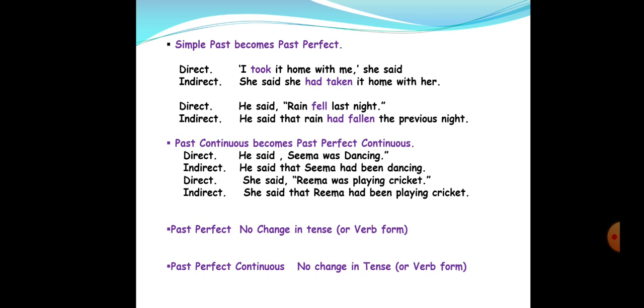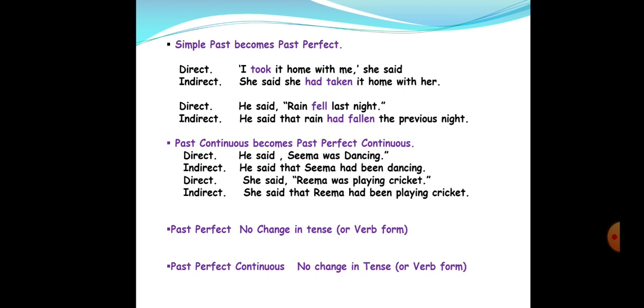Then past continuous tense becomes past perfect continuous tense. For example, direct speech, he said Seema was dancing. Indirect speech, he said that Seema had been dancing. Another example, direct speech, she said Reema was playing cricket.